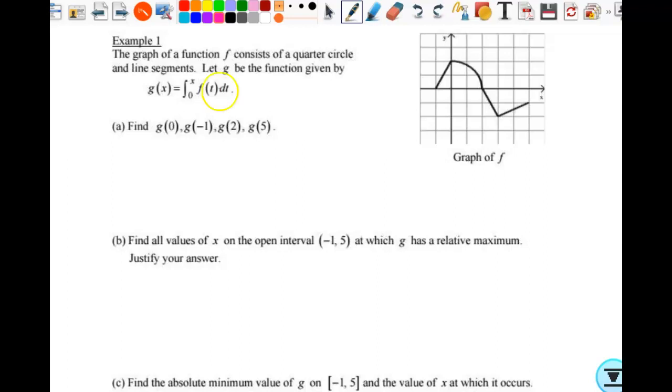So it's the derivative of g, because this is the derivative of something, right? And so once I integrate it, it kind of undoes that derivative. So the graph of f is equal to g prime. So f and g prime are the same thing. It's important to label it as such, okay? So basically what we have here is that g is equal to capital F.